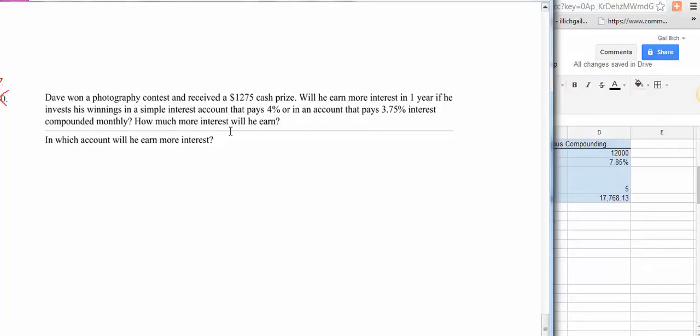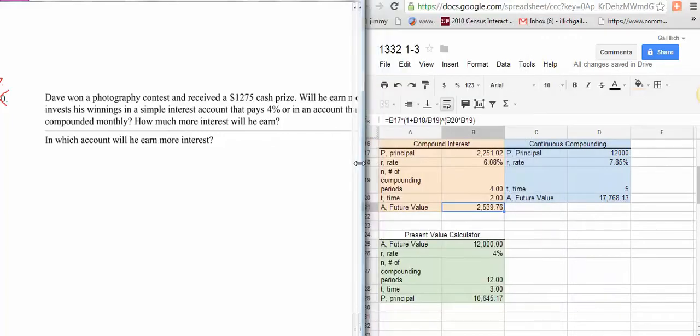How much more interest will he earn? In which account will he earn more interest? Okay, so this is fun because we've got 2 formulas. We have our simple interest formula, and then we also get to use our compound interest formula. Okay, so let's do the compound one first because it's there. So I've got $1,275, 1 year, 3.75% compounded monthly.